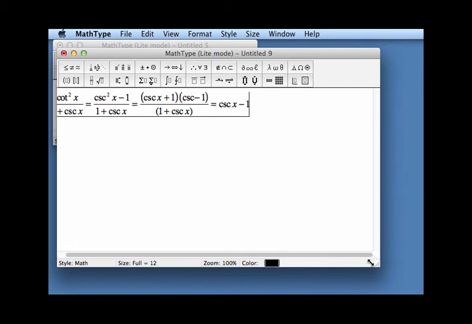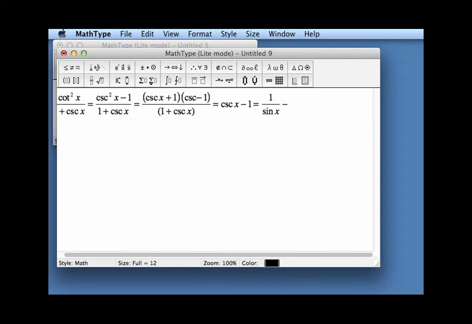And eventually, by replacing cosecant with 1 over sine and 1 with sine over sine, in fact, let's do that. I haven't had a chance to do that yet. 1 over sine of x minus sine over sine gives us, if we combine the tops now, because they have a common denominator, 1 minus sine of x on top of sine of x.